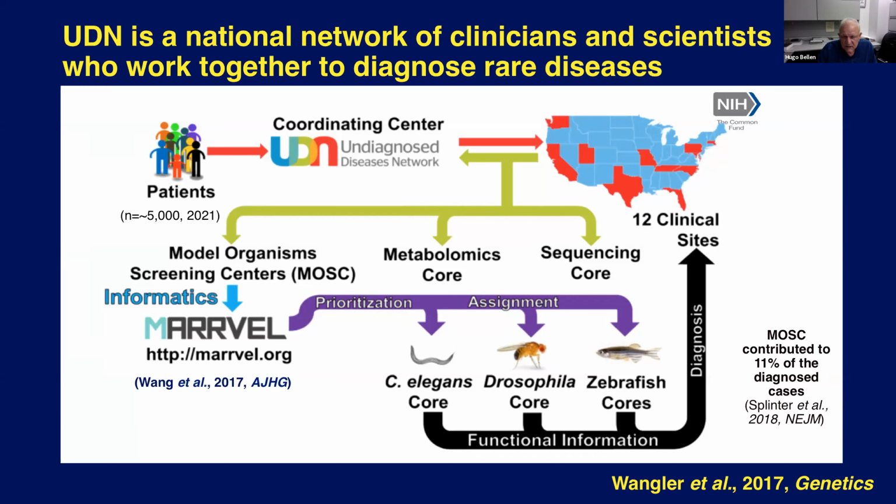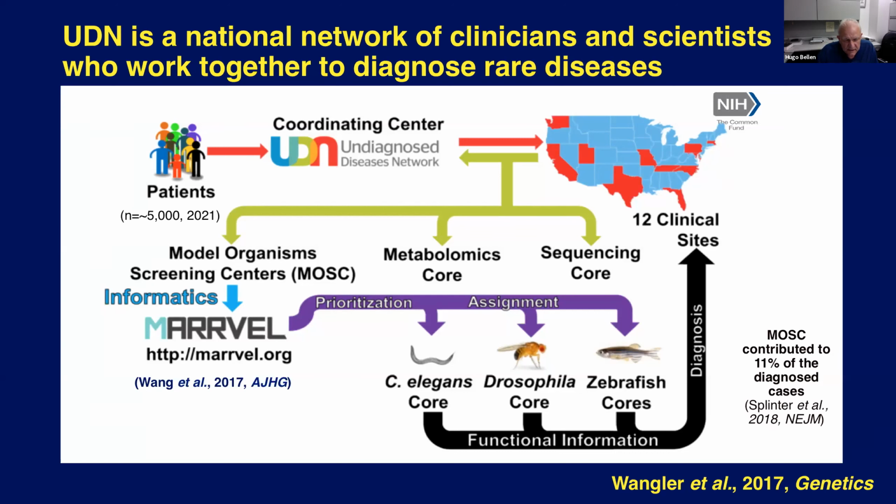After the sequencing and the analysis of the sequencing, they typically come up with 1, 2, or 3 variants, and those are then submitted to the model organism screening centers, of which there are 2. There is a venture between Baylor and the University of Oregon, and there is one at WashU now. We team together, and we perform a deep bioinformatic analysis of the mutations, the genes, and the variants through this program called MARVEL.